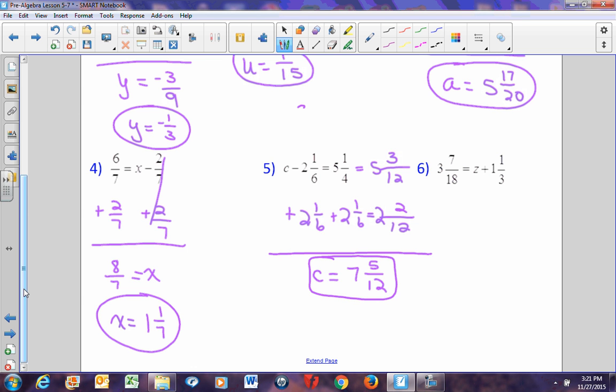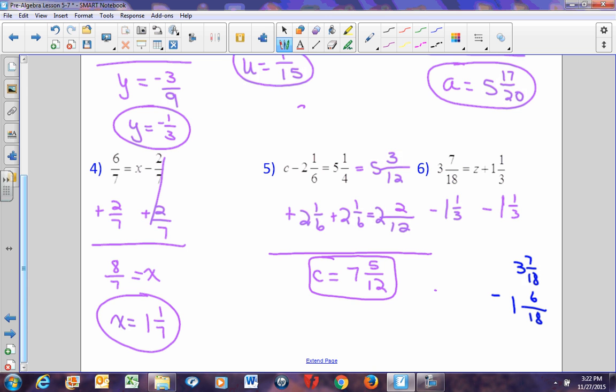And last but not least, z plus 1 and 1/3 equals 3 and 7/18. I will subtract 1 and 1/3. The common denominator between 3 and 18 is indeed 18. I'm going to do that off to the side. So I have 3 and 7/18 minus 1 and 6/18.